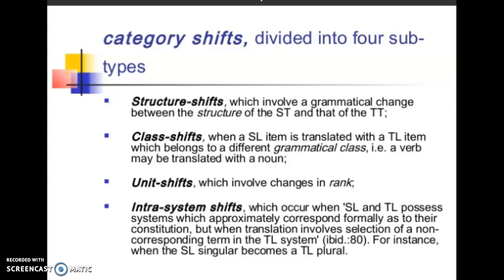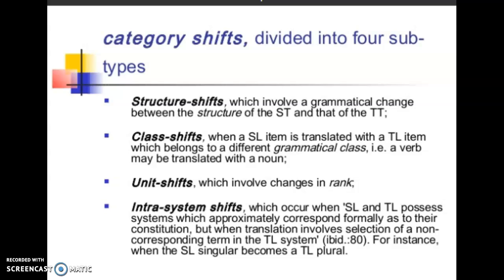And then category shift can be divided into four types. The first is structure shift, the second class shift, the third unit shift, and the last intra-system shift. Structure shift involves a grammatical change between the structure of the source language and that of the target language.